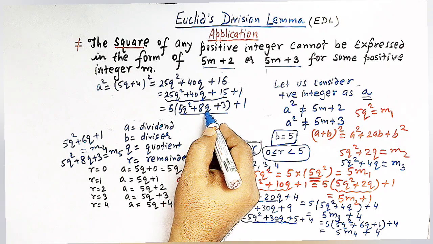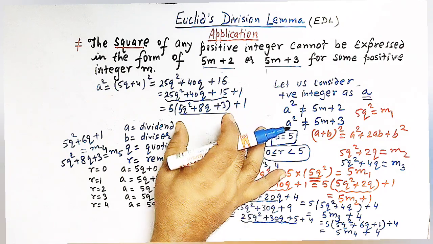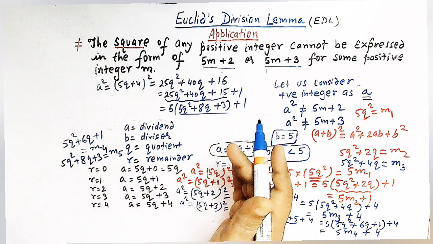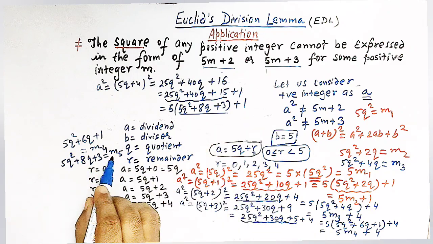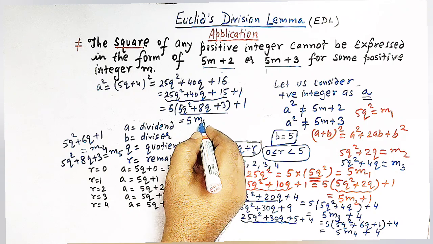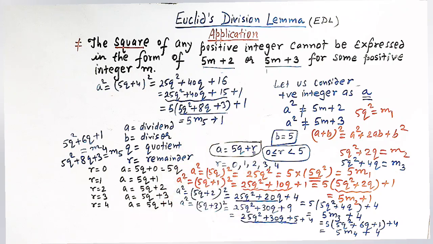Similarly 8q is an integer, 3 is an integer, and the sum of these three integers is again an integer. So we have m5, and now we can write 5 times m5 plus 1.